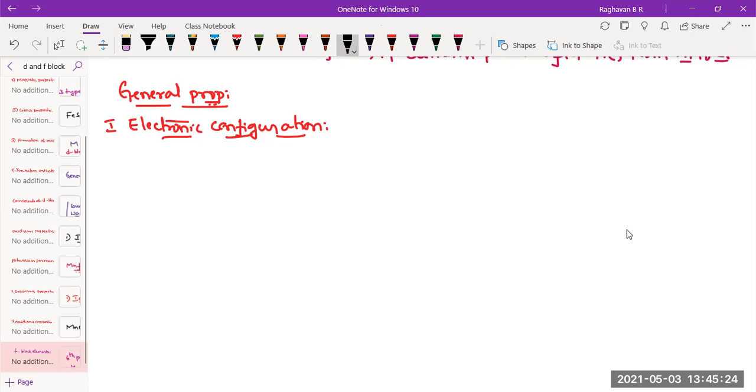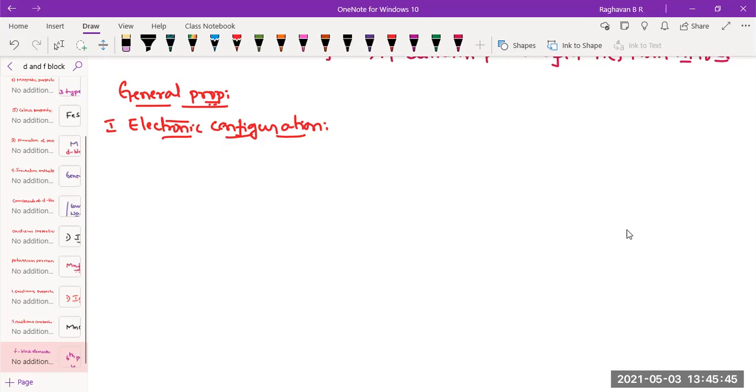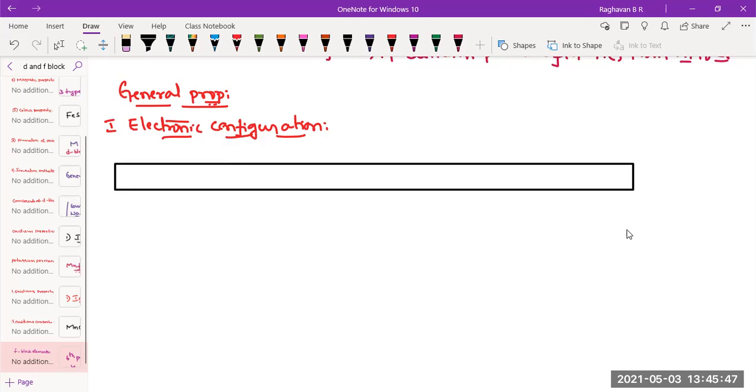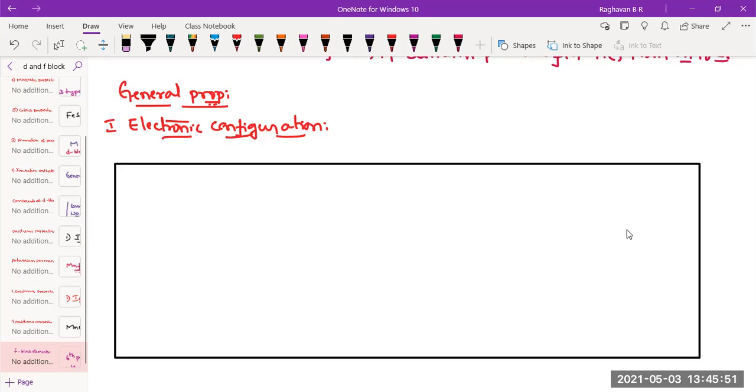You need to write the electronic configuration and practice at least a couple of times till you get familiar with the names and electronic configuration. Okay. So first, you make a table like this.